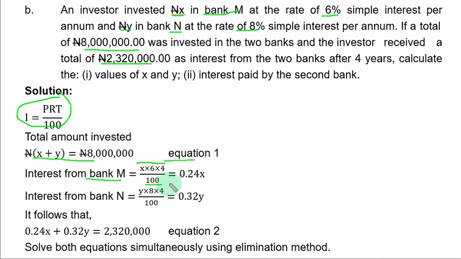That simplifies to 0.24S. Interest from Bank N is equal to principal Y times rate 8 times time 4 divided by 100. That simplifies to 0.32Y.